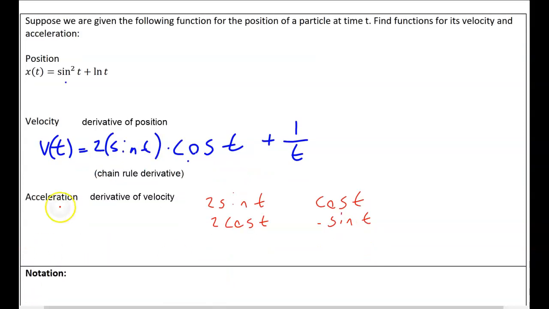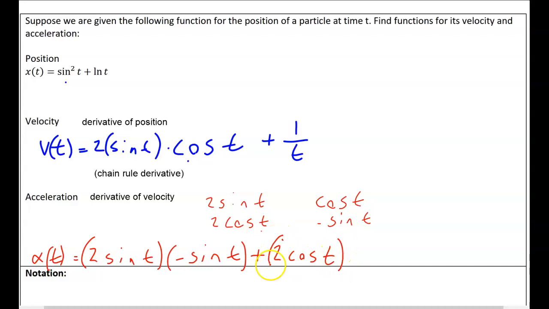From there, my acceleration is just going to be my product rule derivative, which is going to be my first function, 2 sine of t, times the derivative of the second function, which is negative sine of t, plus the derivative of my first function, 2 cosine of t, times cosine of t, which is my second function.